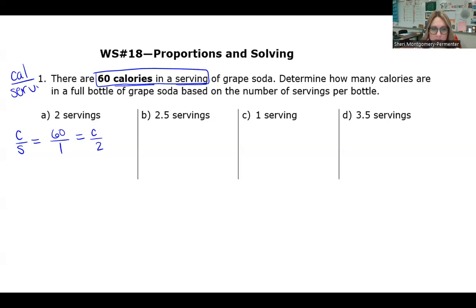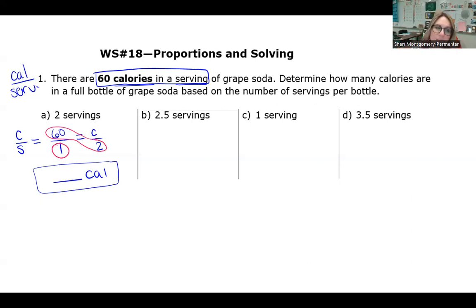A proportion can be bat and ball. And if we did that, we would be multiplying 60 times 2. That's 120. And then we just divide by 1. So we would say 120 calories. Very nice.